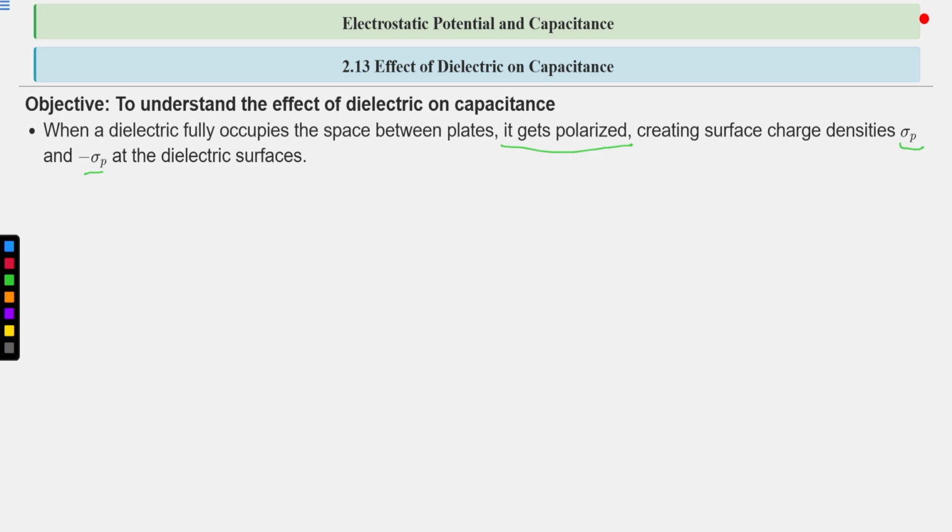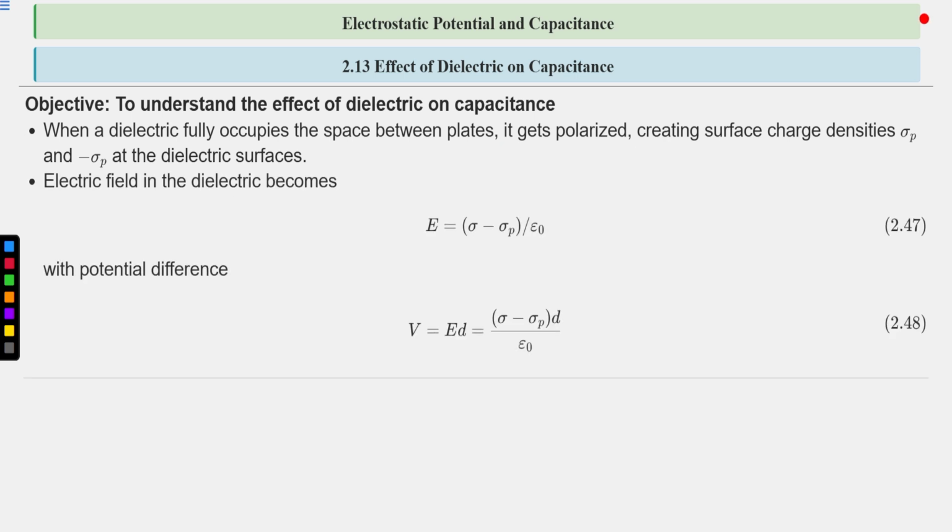Now, the electric field in the dielectric becomes what? Without dielectric, in vacuum, the field is E naught, which is equal to sigma by epsilon naught.